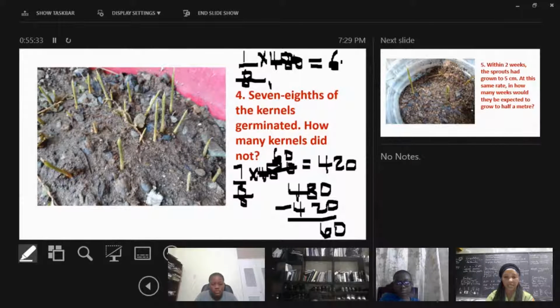So this is one step. Find 7/8 of the 480, which gives you the 420 that germinated, and then subtract the 420 from 480 to get the 60. Or we could say if 7/8 germinated, then 1/8 did not. So we could just find 1/8 of the 480, which is 60.